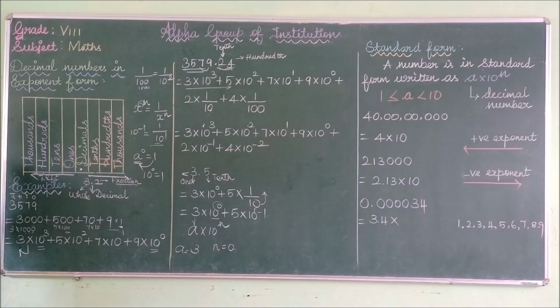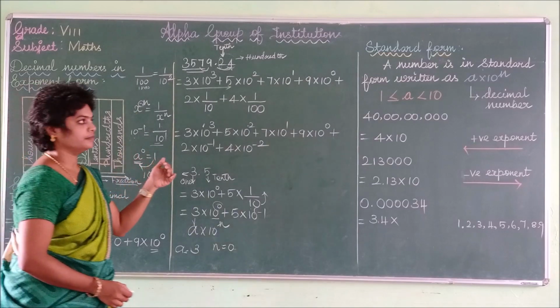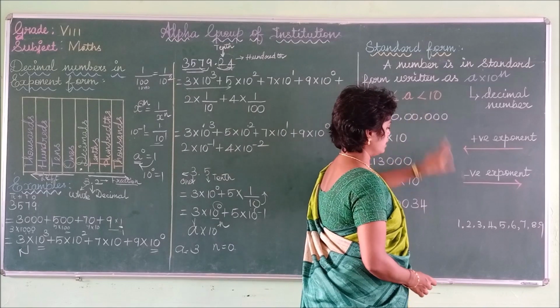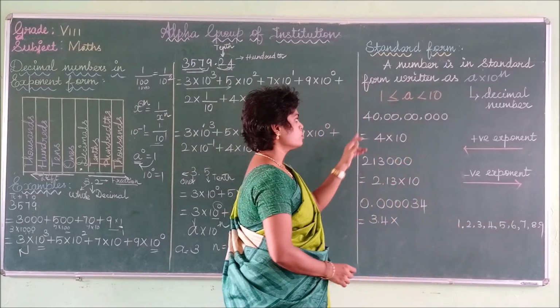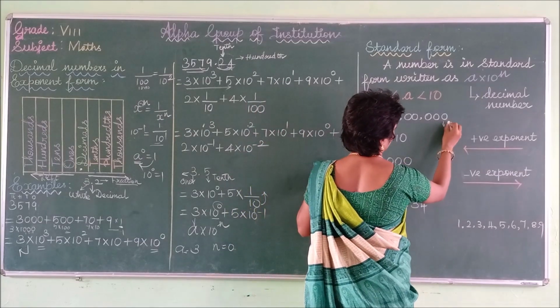Before the multiplication, the value lies between 1 and less than 10. That means the values must be 1 to 9. So look here. What do we call the places?